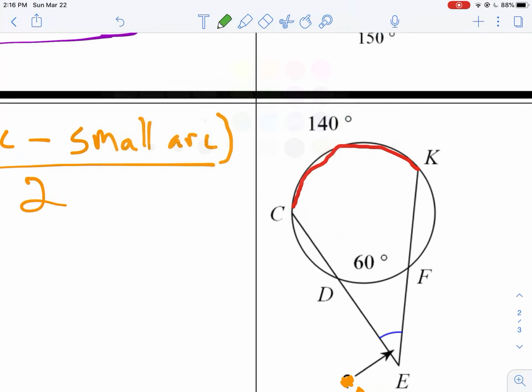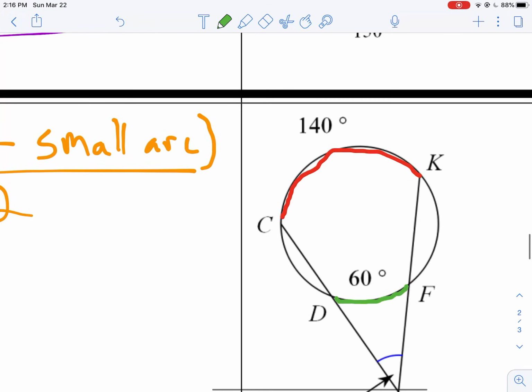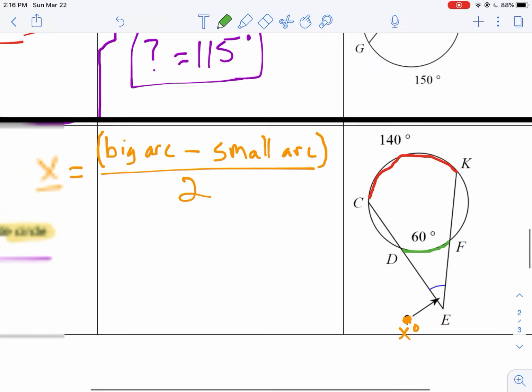The small arc is going to be here, kind of like that inside one. It's a little closer. It's also nice and easy to tell because the big arc is bigger. 140 is bigger than 60, right? But we won't always have both arc measures, so it's important to know the big arc is always in the same position, where the red is, and the small arc is always where the green is.